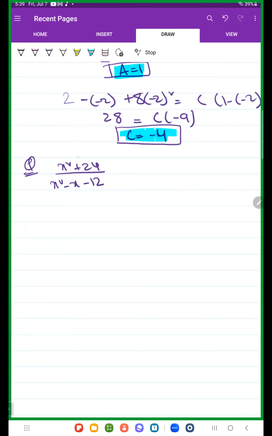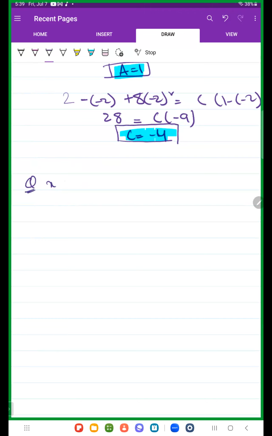This is not x squared, sorry. The question says x plus 24 upon x squared minus x minus 12. So you check for the powers first. The power for the numerator is 1 and the denominator is 2, showing that this is a proper fraction.